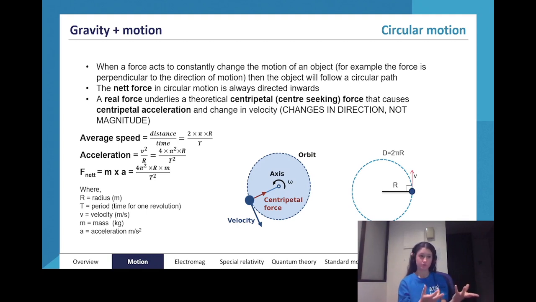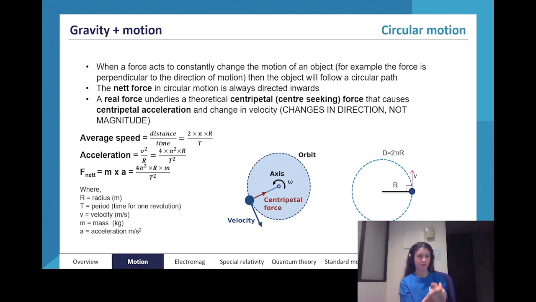It's one of Newton's laws. The object will always want to travel the way it's going at that moment unless acted on by another force. In the ball's case, the string in the center is holding it and forcing it to go around. So it's always accelerating inwards because it's always being pulled back towards the center of motion.